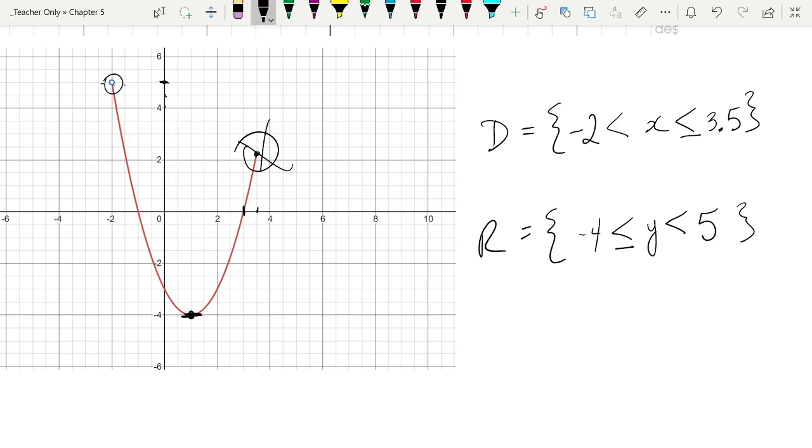Okay, one last thing, and then maybe I'll let you guys get going. Oh, maybe two last things. Hang on. Oops, 5. Two last things. Could you please tell me what the x and y intercepts are in this graph? I'll give you a sec to think about it.